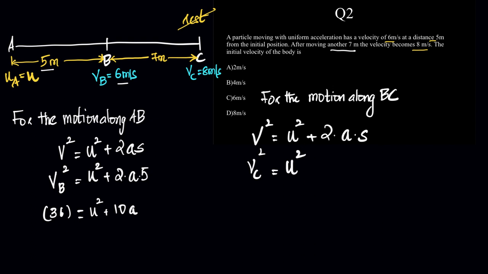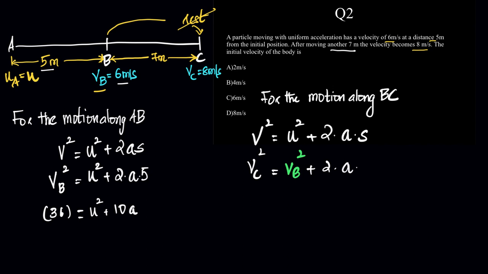Why? Because here the body is moving from B to C, in which case u would be vb. So we can replace u with vb square plus 2 into a into s.